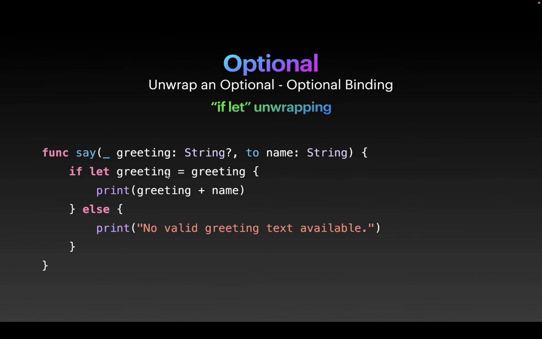But if you call this say function and you don't provide a greeting parameter for it, will the compiler complain? In this case, the compiler is still going to give us an error because you don't have a default argument here.